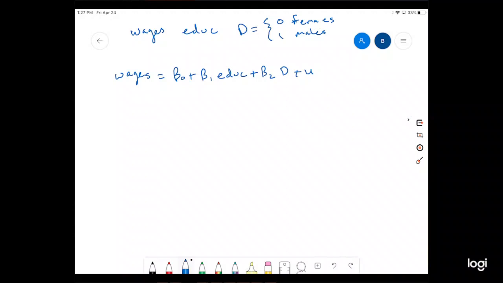But the question of interest is you want to test whether the marginal effect of education on wages is different for males versus females. So of course, if we're going to talk about the level of one variable being affected by the level of another variable, we need an interaction term. So we would have a model that looks like this.